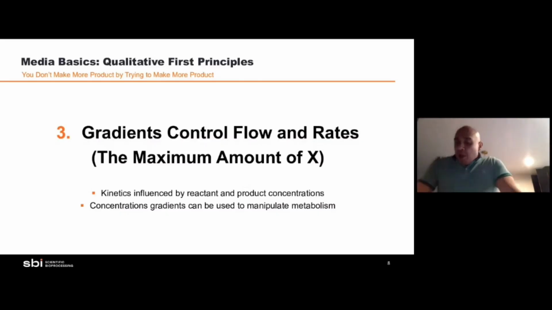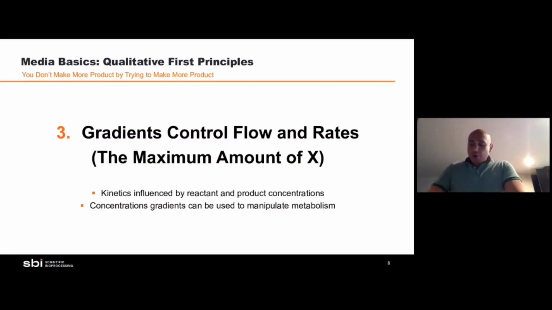So number three, concentration gradients help control flow and rates. So here we are concerned with the probability of a reaction occurring. So we understand that the concentration of either our ingredients or potentially metabolites produced by our strain or the product itself may affect the metabolism of our organism.